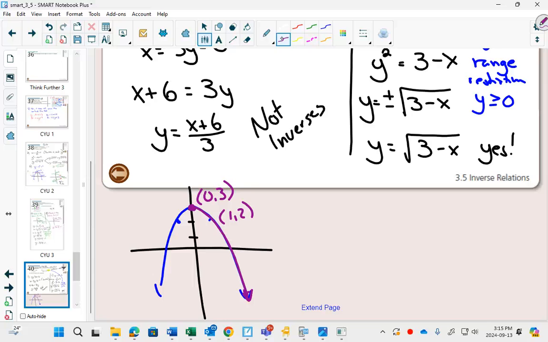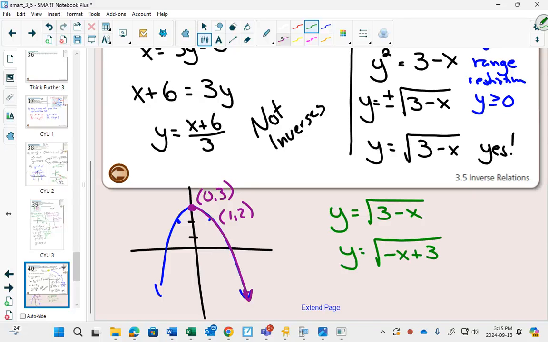Then graphically, and I'll do it in green, if I want to graph this, I'm going to have to do some manipulation in order to graph it. First manipulation is that 3 minus x is the same as minus x plus 3, but we always did the x's first and the numbers after.